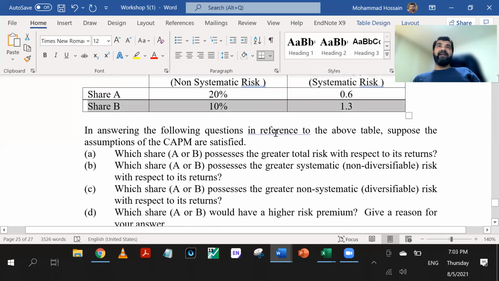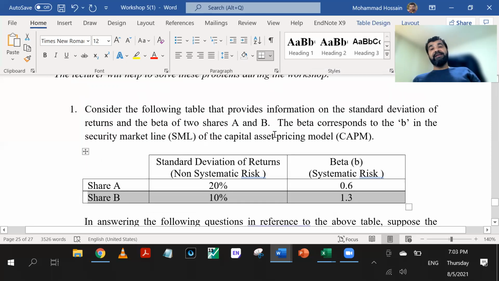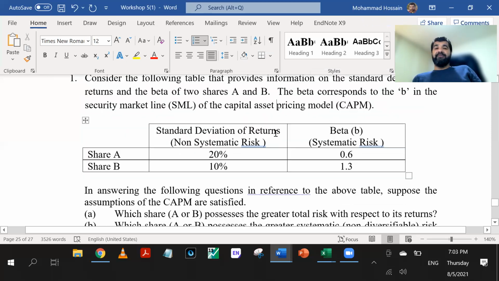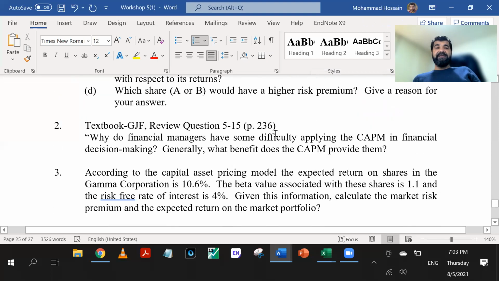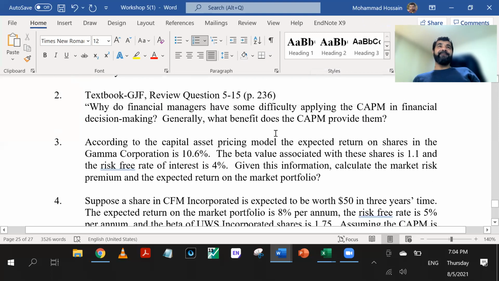Okay. So it has a higher systematic risk, so it will have a higher return. Why is that? From our CAPM model. What does our CAPM say?